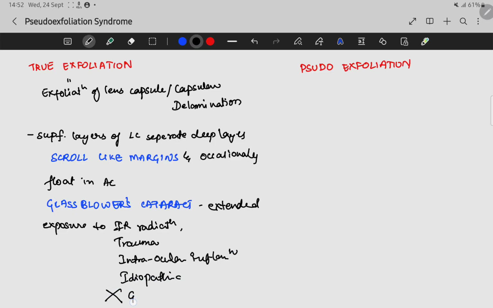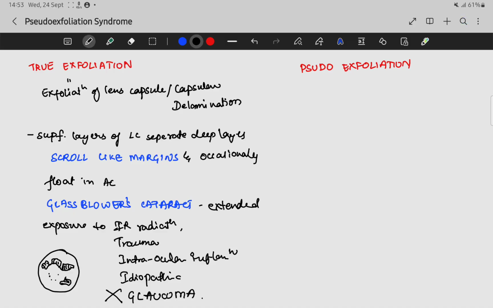But there is no glaucoma here. So that is true exfoliation. So if we take the diagram of this, to consider these elements, this is the layers of the anterior capsule which are separated.